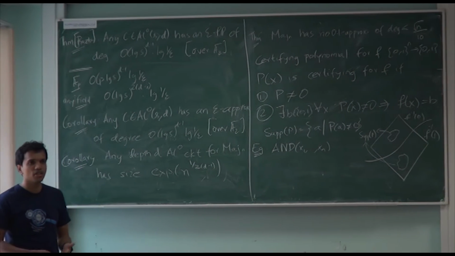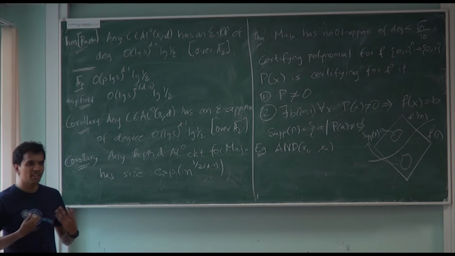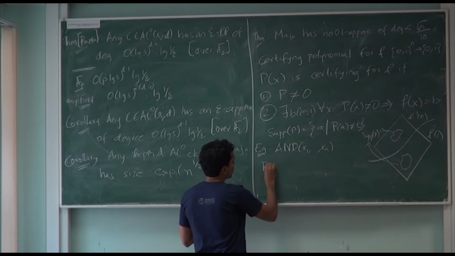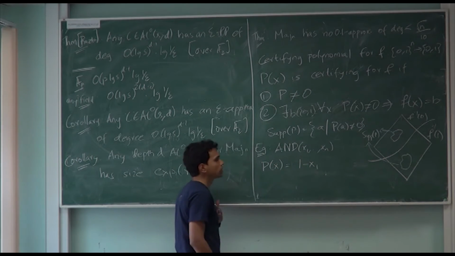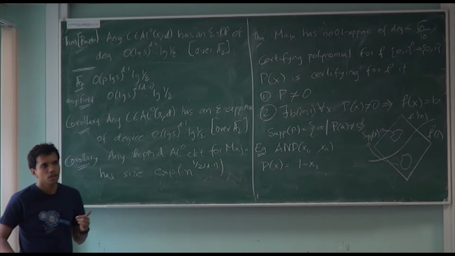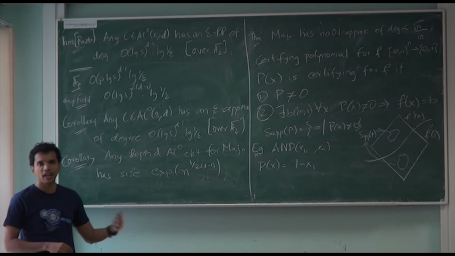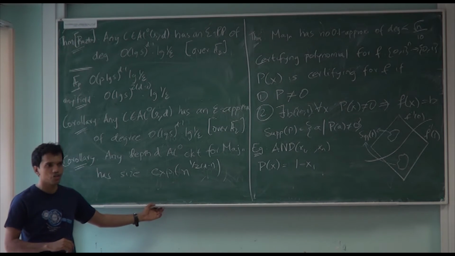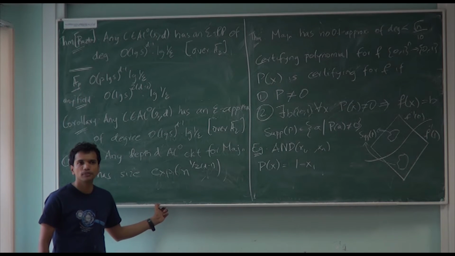So for the AND function, the natural thing to do is to certify that the AND function is 0, because it's easy to make the AND function 0. So I could take, for example, the polynomial 1 minus x1, right? So if this polynomial is non-zero, that means x1 is 0 and the AND function is forced to 0, right? So this is a certifying polynomial for the AND function of degree 1. Okay. Any questions about this?